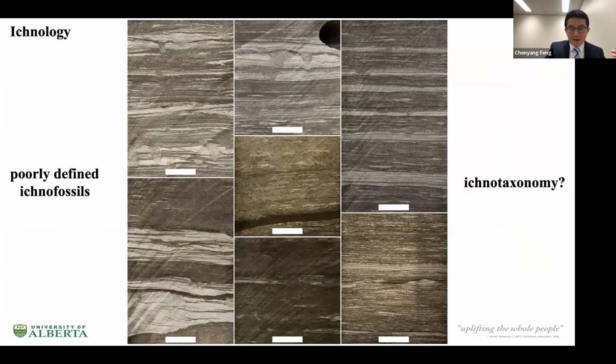When working on the ichnotaxonomy and gathering the ichnological data, there is a big problem associated with the two cores. Possibly because of a lack of grain size variability, the trace fossils observed in both cores are commonly poorly defined. So it is very difficult to identify the specific ichnospecies or ichnogenus.